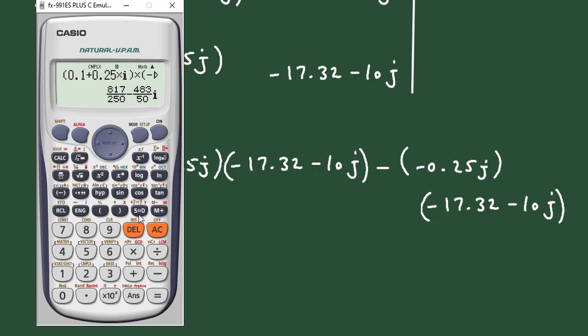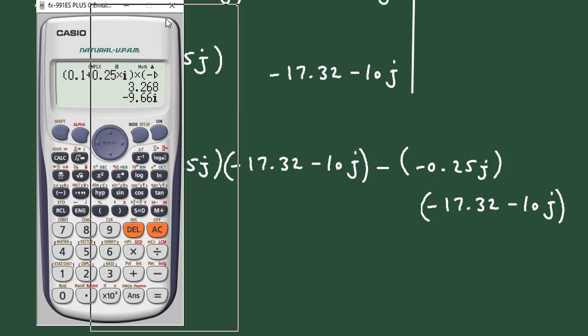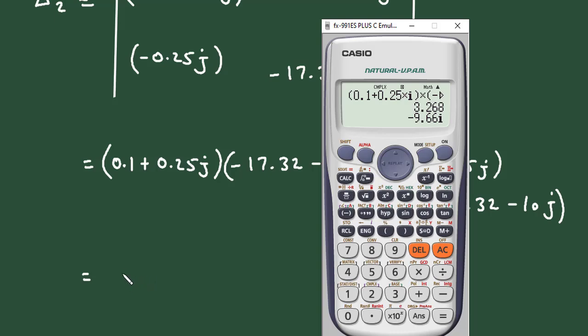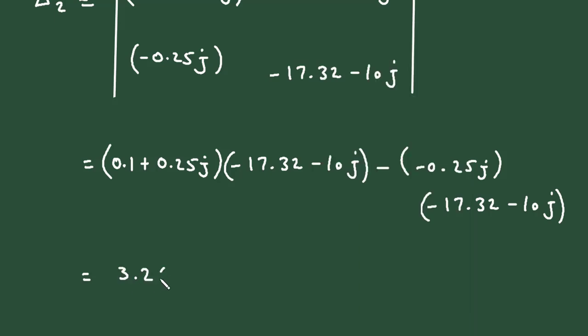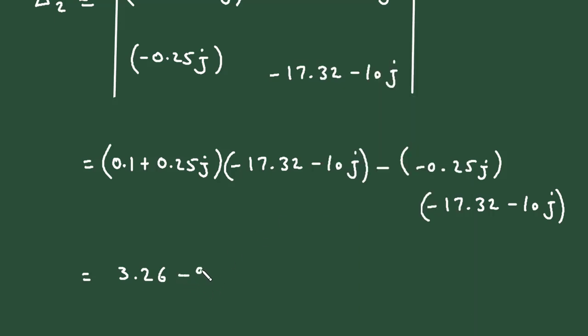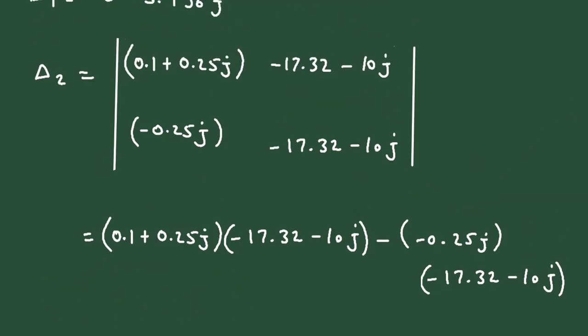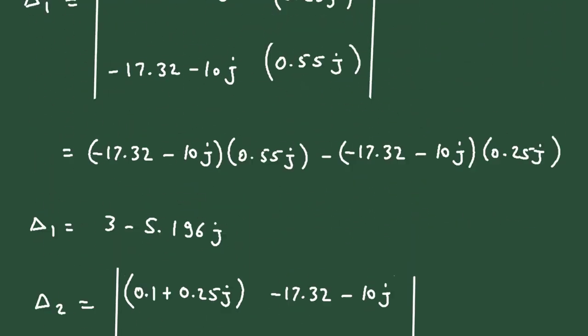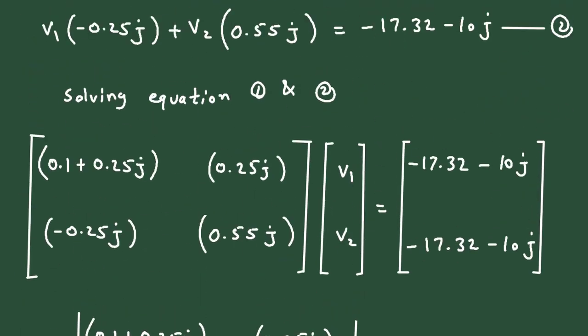So it is equal to 3.26 minus 9.66 j. So this is the answer for delta 2. Now we got delta 1 and delta 2, so we can find the value of V1 and V2.